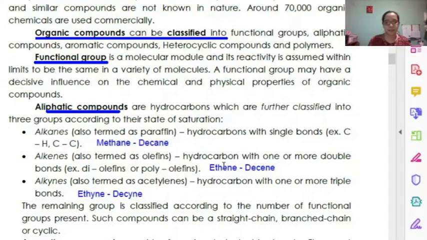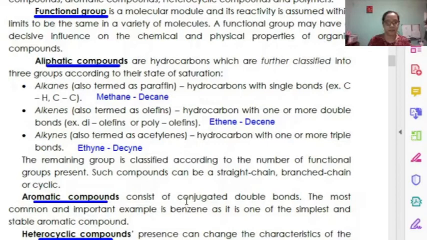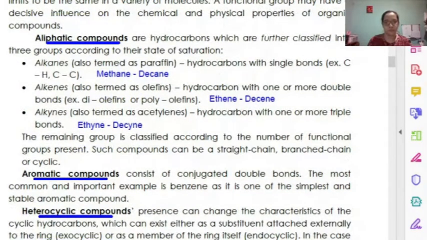This will start at ethene to decene. And then alkynes, a hydrocarbon with one or more triple bonds, which is from ethyne to decyne. As you observe, alkenes and alkynes started with ethene because, as we all know, carbon can attach to another carbon.